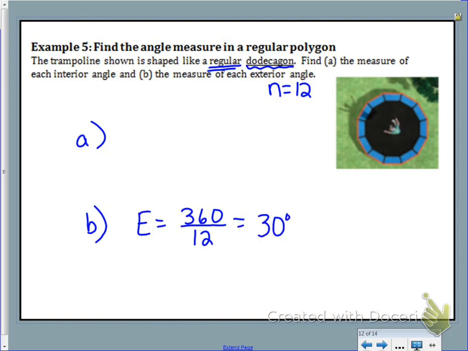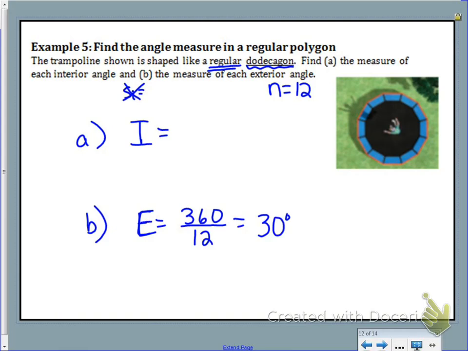Now we're going to find part A. Part A says to find each interior angle. Now, if you notice, I'm not using S sub I any longer here because I'm not looking for the sum. I'm looking for one angle precisely. So I stands for one interior angle and E stands for one exterior angle.